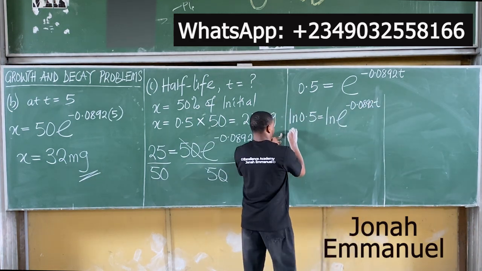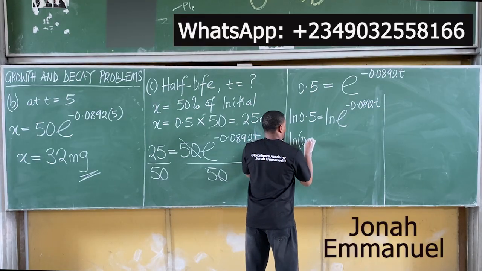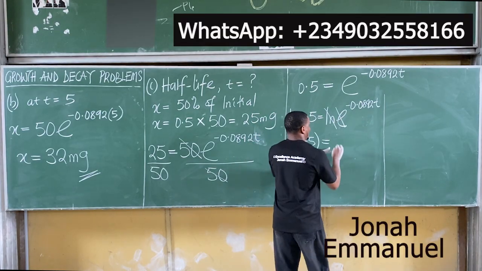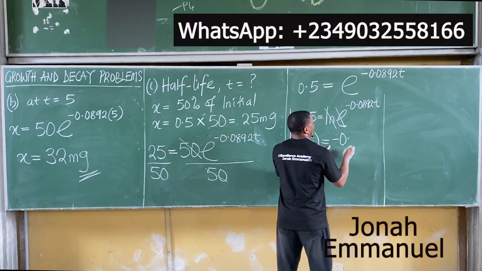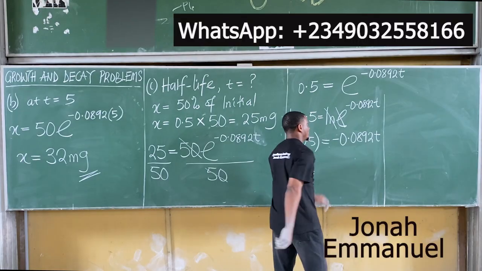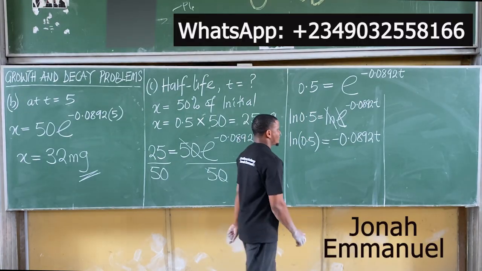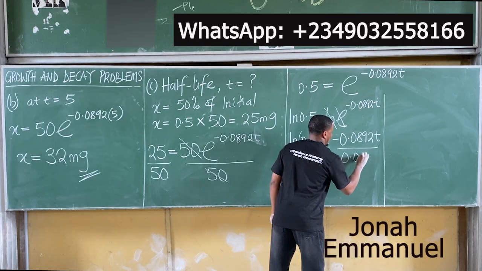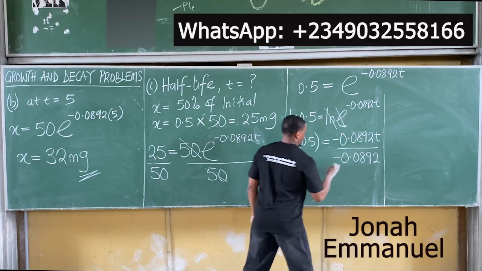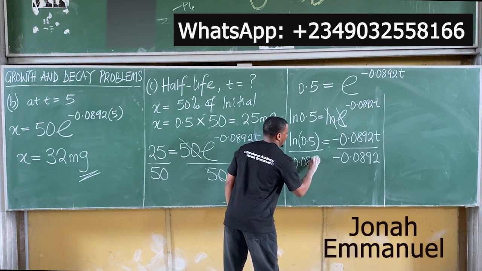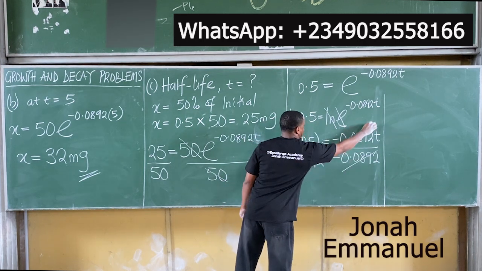All right, ln 0.5 is equal to, ln cancels exponential, I have minus 0.0892t. To get the value of t, I'll divide here by minus 0.0892, divide here by minus 0.0892. This cancels this.